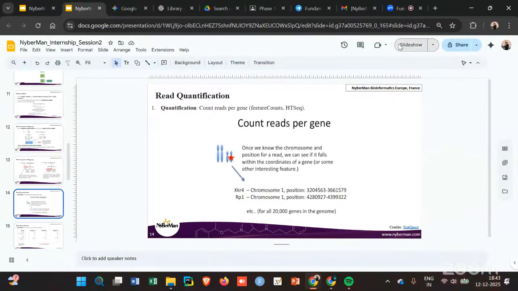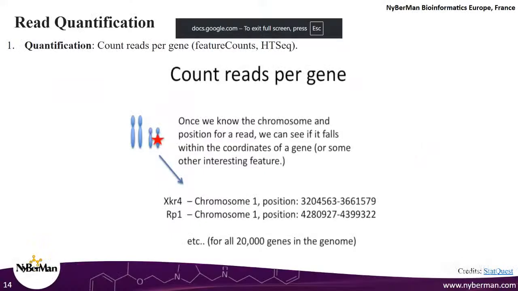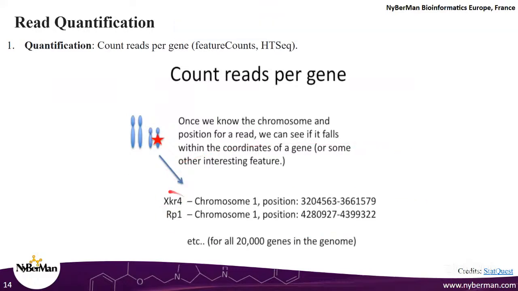So your GFF file typically has this information that you see here. For each known gene, it has the information as to what chromosome the gene belongs to and what the positions of the gene body are, right? Your gene body will consist of everything: the promoter region, the exons, the introns, everything.